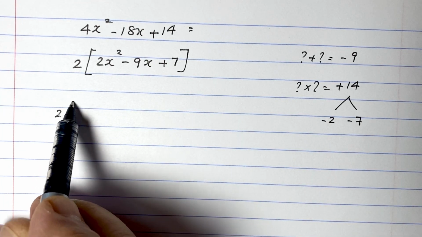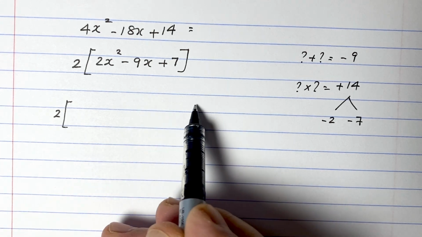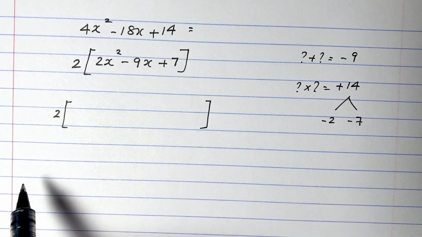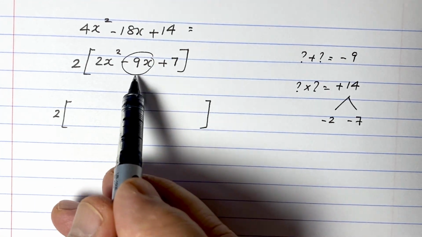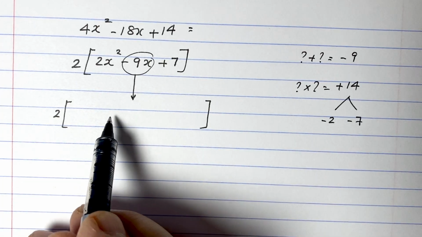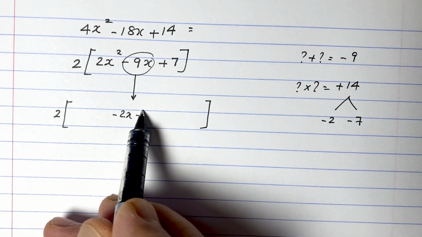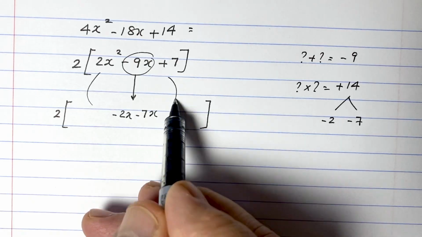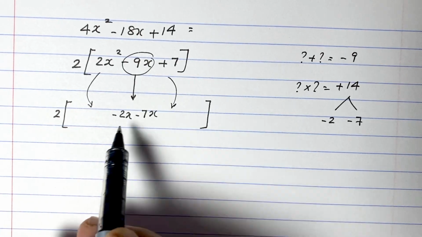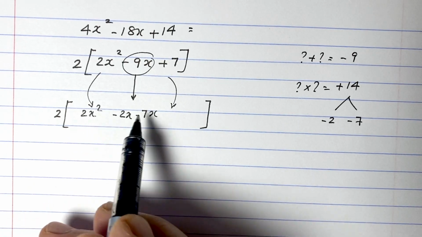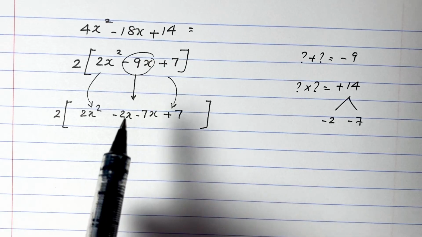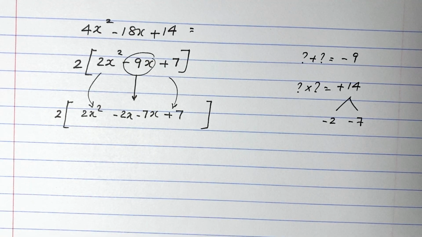So you're dealing with everything here within a set of square bracket. Minus 9x becomes minus 2x minus 7x. Bring the next 2 terms down. 2x squared plus 7. Split your 4-term factorization.